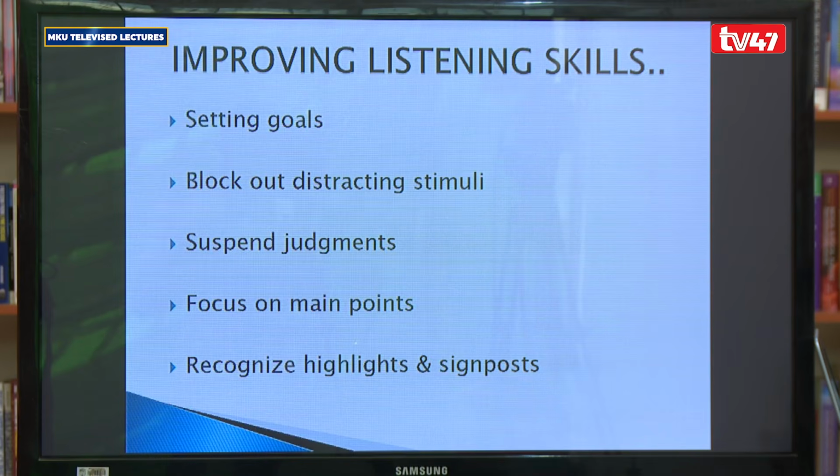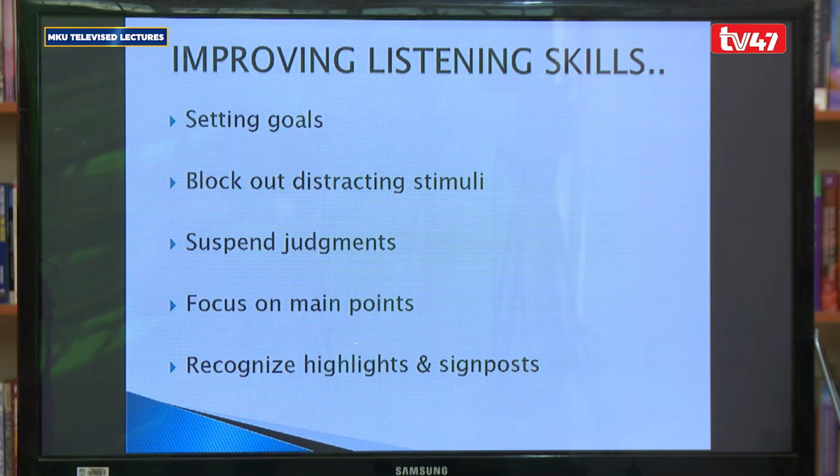Number two, you block out any distracting stimuli. Before you engage in any listening situation, first of all, ensure that you are physically prepared, you are psychologically prepared, that even the classroom environment is conducive so that you are blocking anything that might interfere with your concentration.